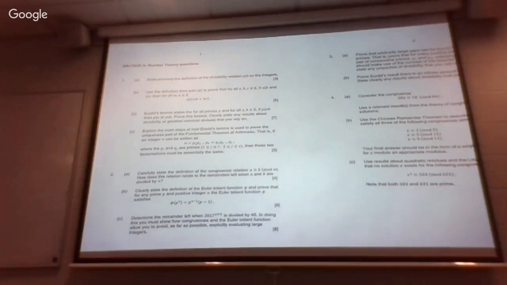So what you've got on the sheet in front of you is just the number theory questions from last year. This is 4 questions, and we've actually covered the material for 3 of the questions so far. But it doesn't always work out like that in the balance between the questions. So I guess we'll start at the start and go through question 1 and so on, see how far we go.